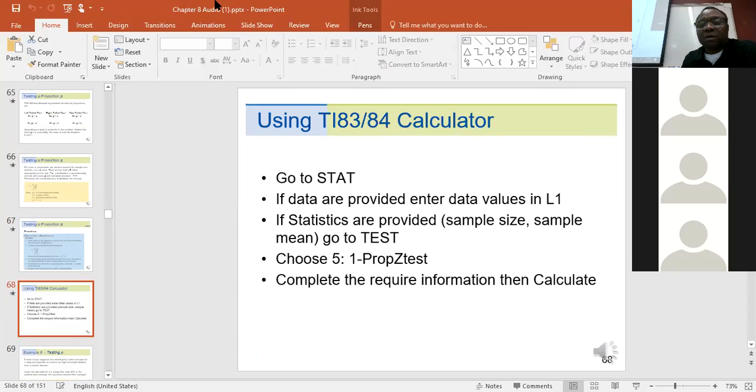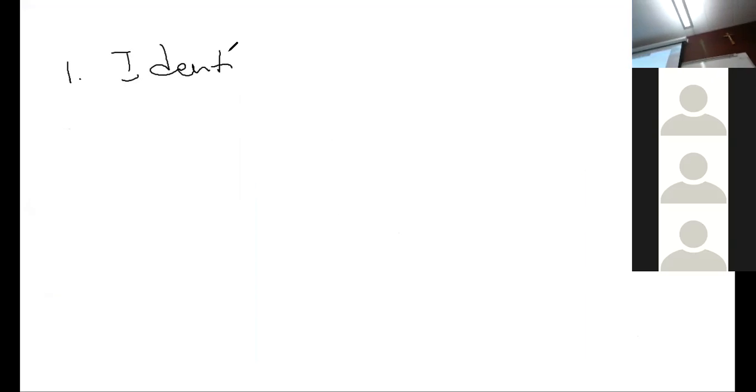I want us to recall the steps in hypothesis testing. First, you want to identify the claim. This claim is usually an expression in a question of the problem. Identify the claim.